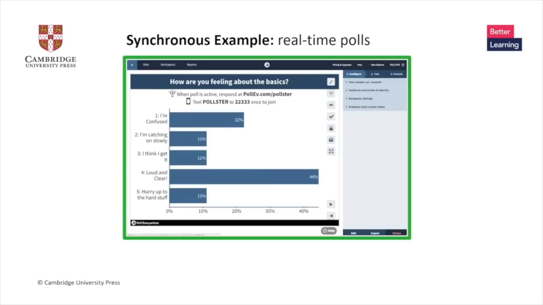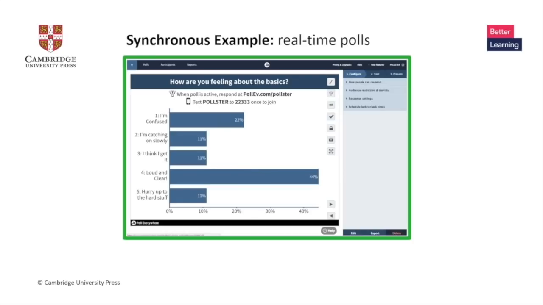In synchronous environments, everyone's together, perhaps in a Zoom call or something similar. You can use a real-time poll to check in with your learners. This one asks, how are you feeling about the basics? And the information is we got 22% of our class is confused or catching on slowly, 11%, whereas 44% is loud and clear.